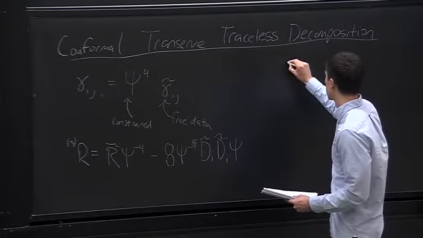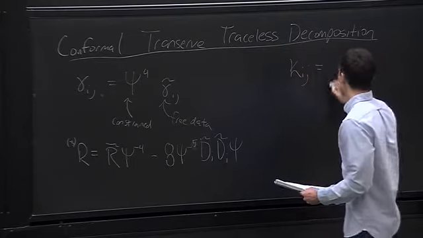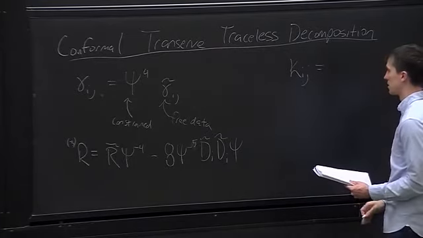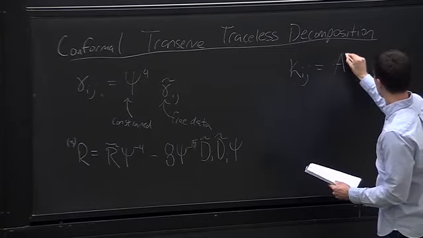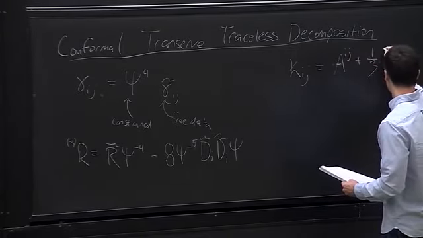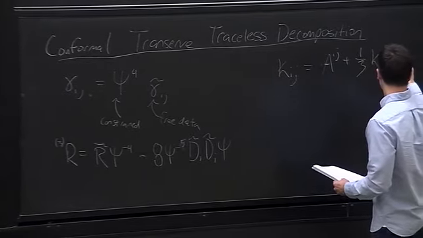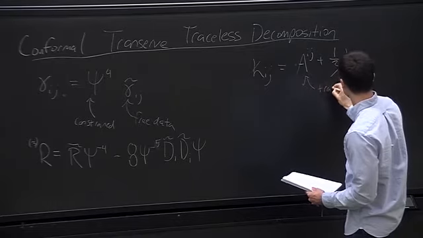So now we're going to start decomposing the extrinsic curvature as well. We'll start by decomposing it into a traceless part and its trace. So this, by definition, is trace-free.